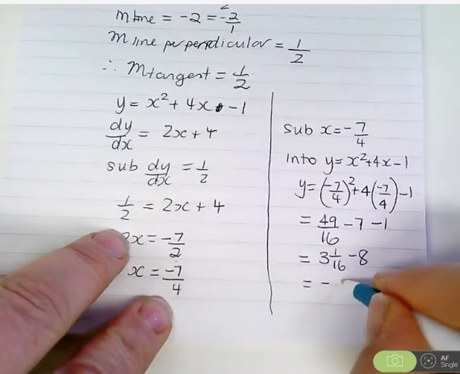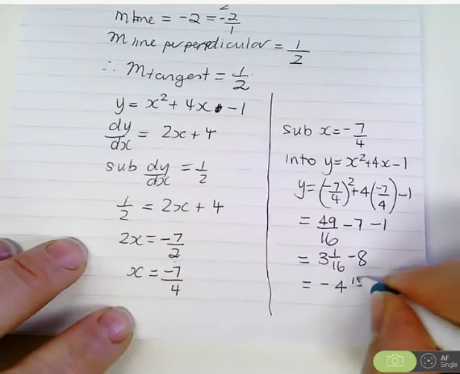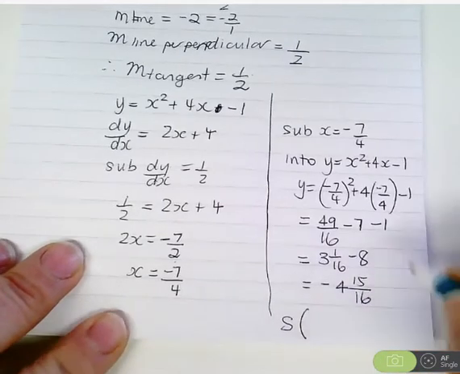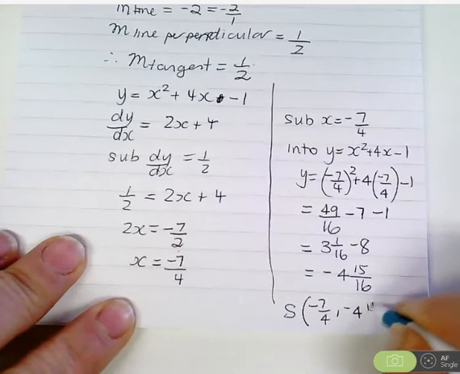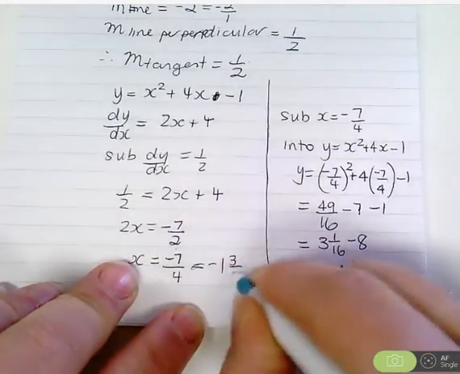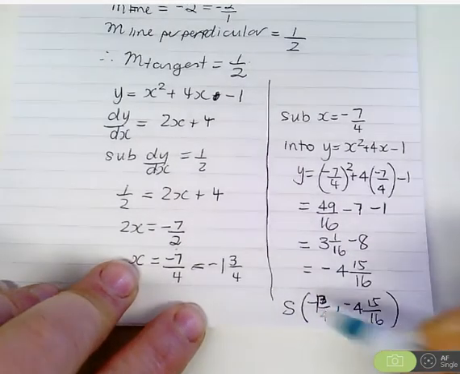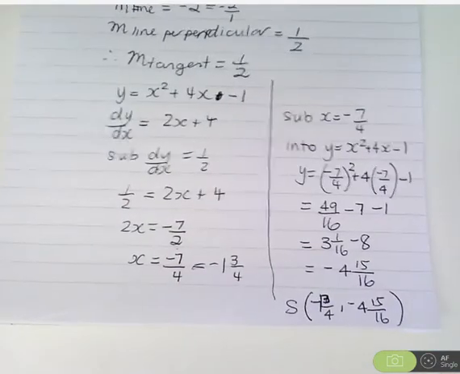It's negative 4 and 15/16. Therefore the point S on the curve is negative 7 on 4, negative 4 and 15/16. Write it actually as negative 1 and 3/4, negative 4 and 15/16.